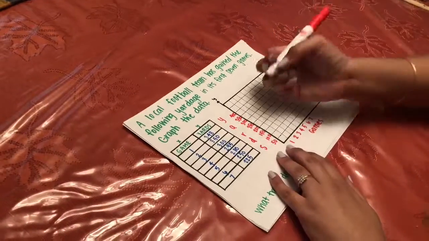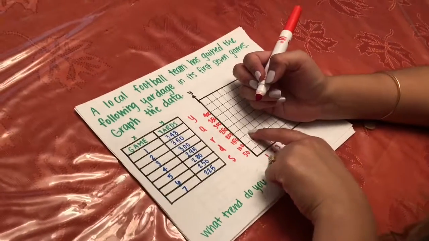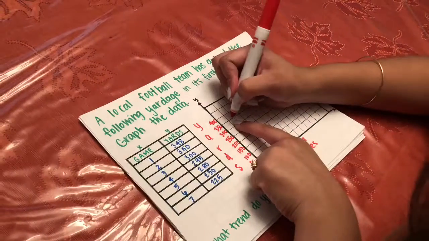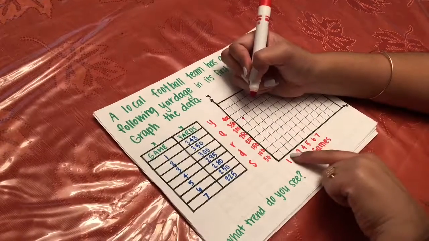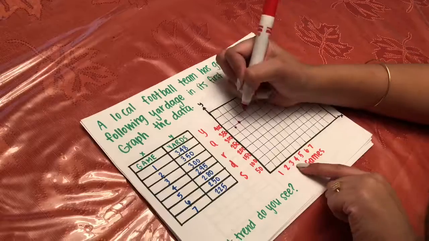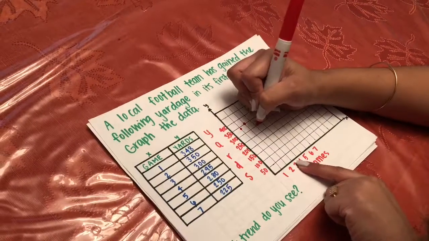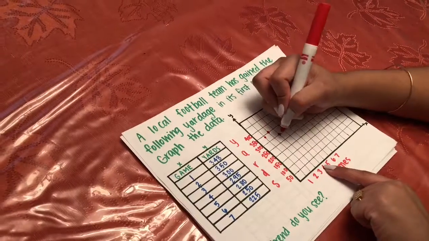So I'm just going to graph my data. Game 1 is at 348. That would be somewhere right here. Game 2 is at exactly 350. Game 3 is at 300. Game 4 is at 295.